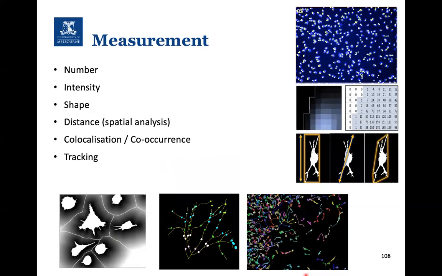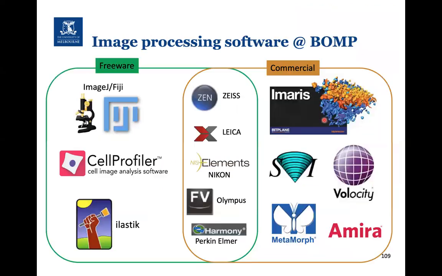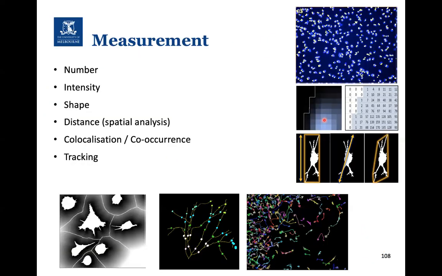Next step, once we've identified the objects that we want to quantify, is actually to read out those measurements. And again, there are thousands of potential measurements that you could make. Very simple ones are things like, count the number of cells within that field of view, look at the intensity within the regions. Has it changed or increased or decreased based on a mutation or something like that? We can look at shape descriptors.